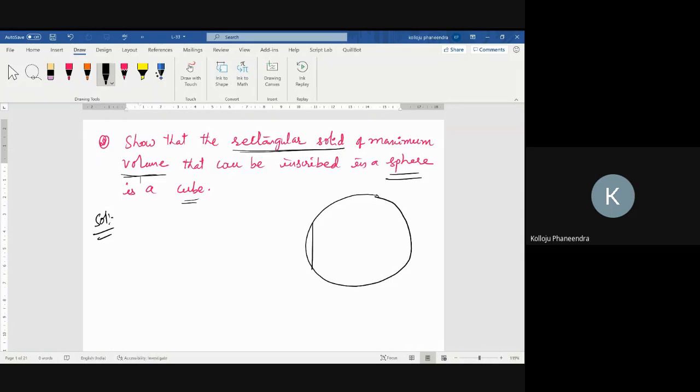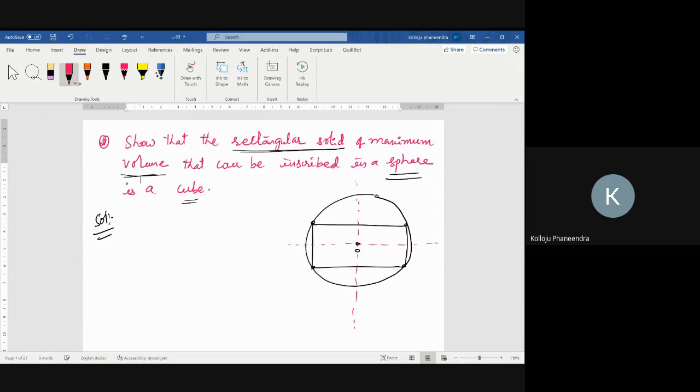So actually the rectangular box inscribed in this sphere, I'm taking like this. And this is the center of the sphere. Let me take the sphere center as origin O, because I have to consider the dimensions x, y, z. So now this is the x-axis and this is the y-axis.